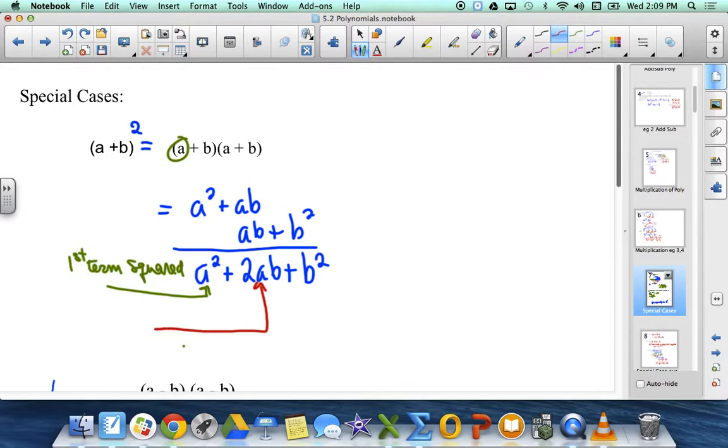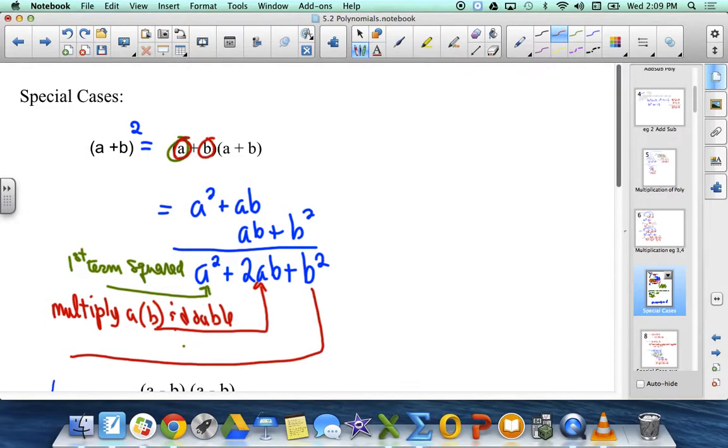The second term, multiply these together, and double. And the last term is the last term squared.